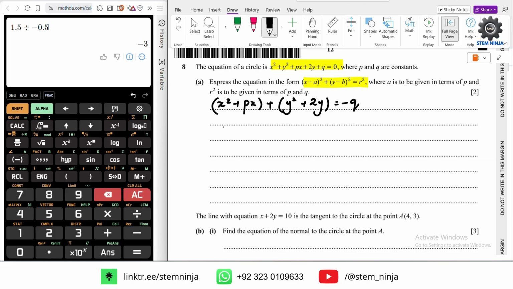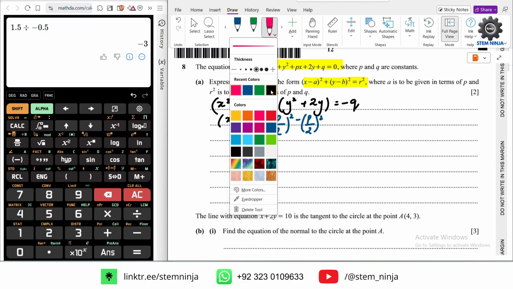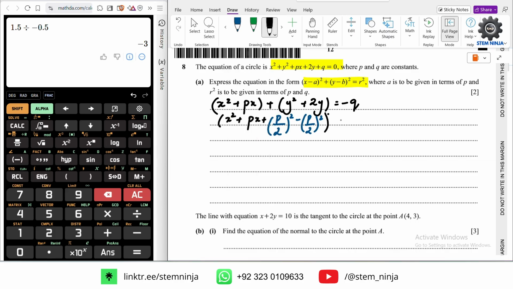Right? Okay. Now we need to complete the square for these. So x squared plus px plus p over 2 whole squared minus p over 2 whole squared, brackets, plus y squared plus 2y plus 1 squared minus 1 squared equals minus q.